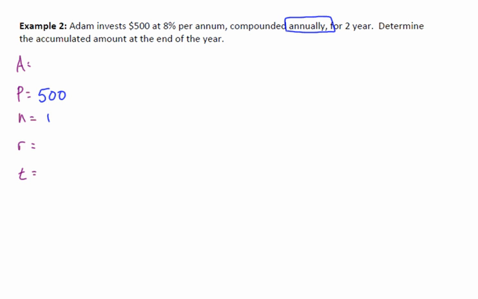So it's going to be 2 times 1 for 2 years. Time is 2, and your rate is 0.08. So your formula should look like 500 times 1 plus 0.08 divided by 1, because compounded annually, to the power of 1 times 2, or just the power of 2.